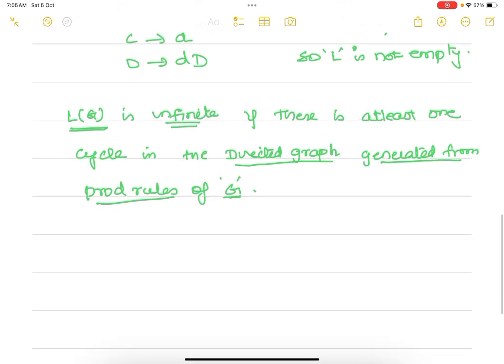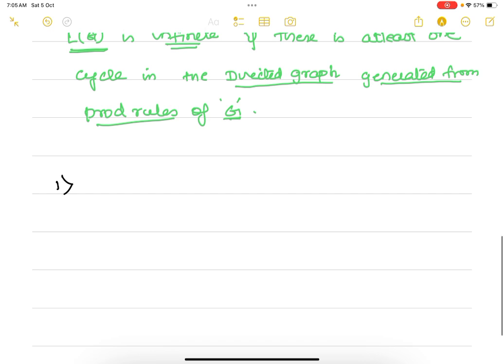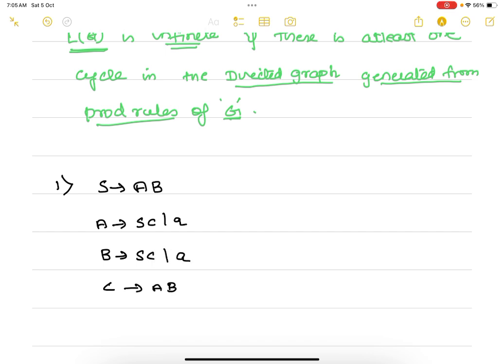Now we'll take one example grammar. S goes to AB. A goes to SC or a. B goes to SC or a. C goes to AB. Now, to generate a directed graph, we have to verify whether the grammar is in Chomsky normal form.